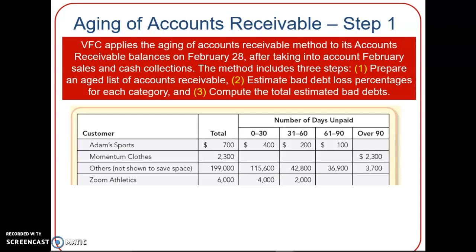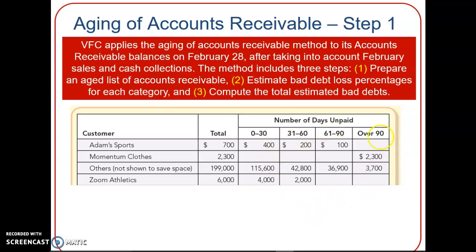So let's look at the same company, BFC's accounts receivable. We have a table that analyzes the accounts receivable by different accounts. We have Adams, Momentum, others, Zoom, 4 different categories of customers. And the most important part is here: we look at the number of days those accounts are unpaid.